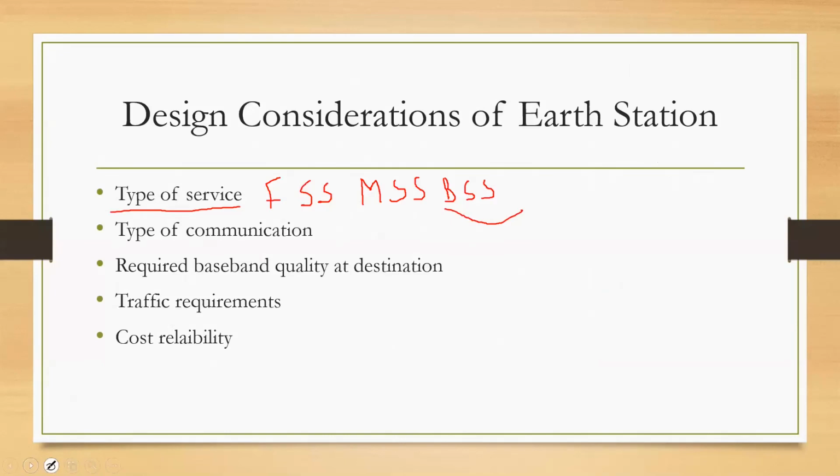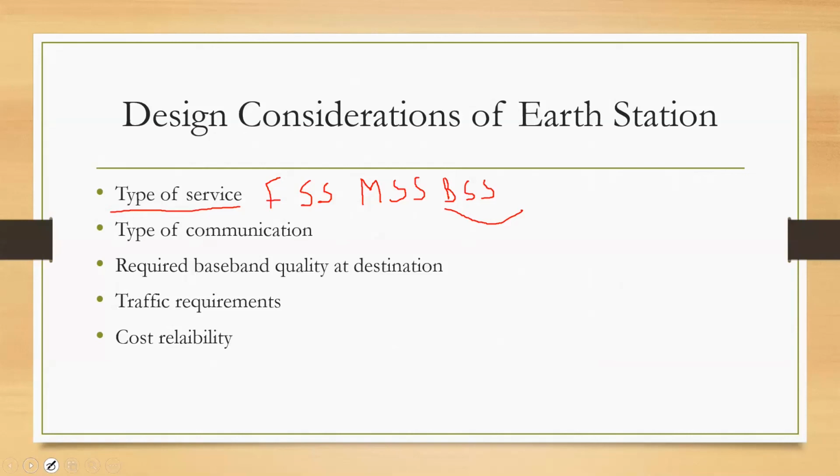Next comes the ground segment, the earth segment. It consists of the earth station. The design considerations of an earth station depend upon the type of service and the type of communication. The type of service is fixed satellite service, mobile satellite service, or broadcasting satellite service.